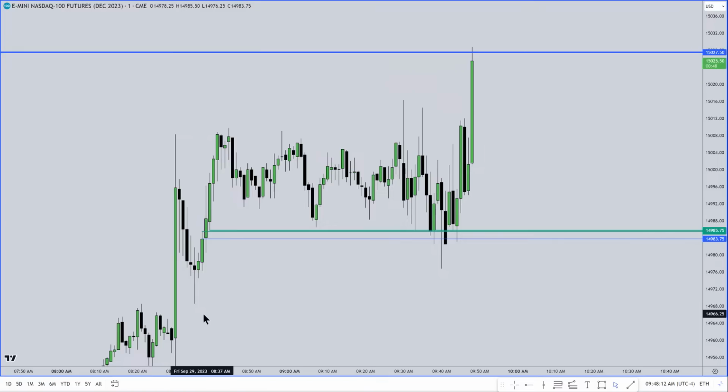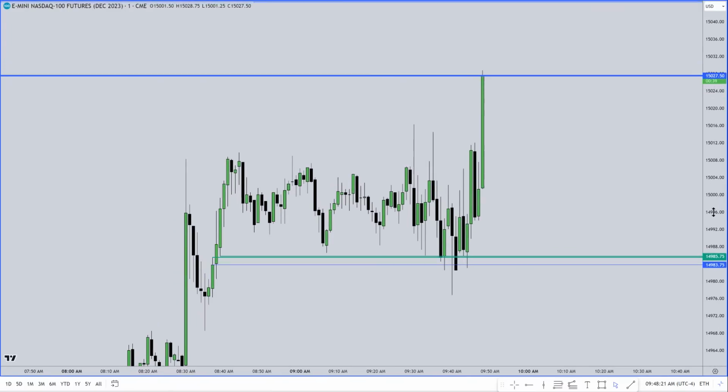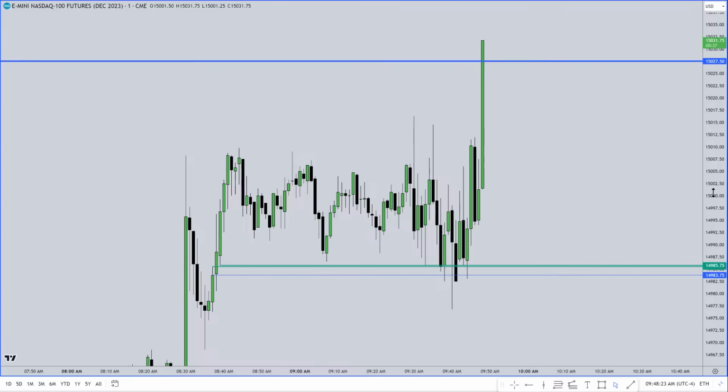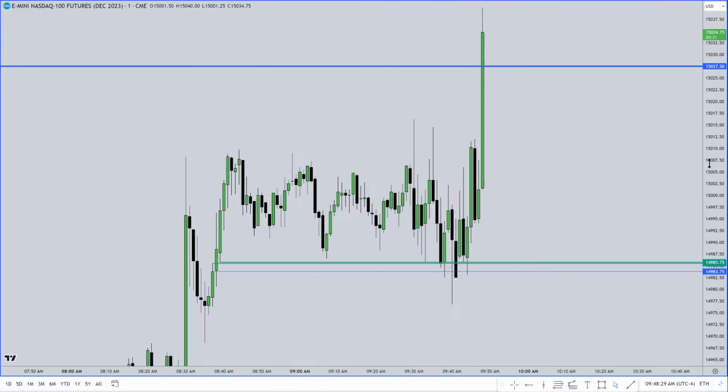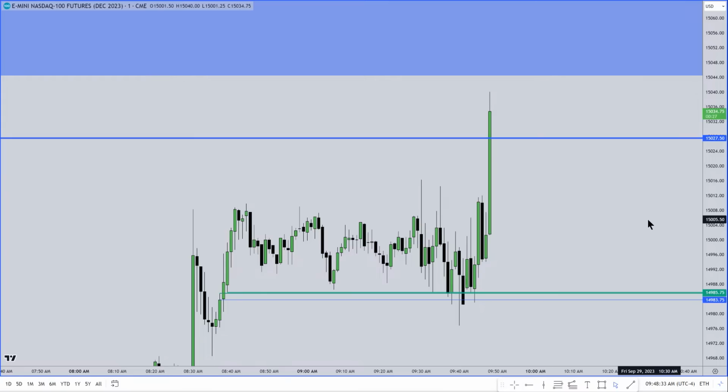Well, there you go. Thank you for giving it to me beforehand. Thank you there, buddy. I almost said your name. The shorts have been murdered. The longs on the breakout were not allowed to be profitable, and we're trading up into that shaded area I talked about this morning. Not quite yet. It'll be there.